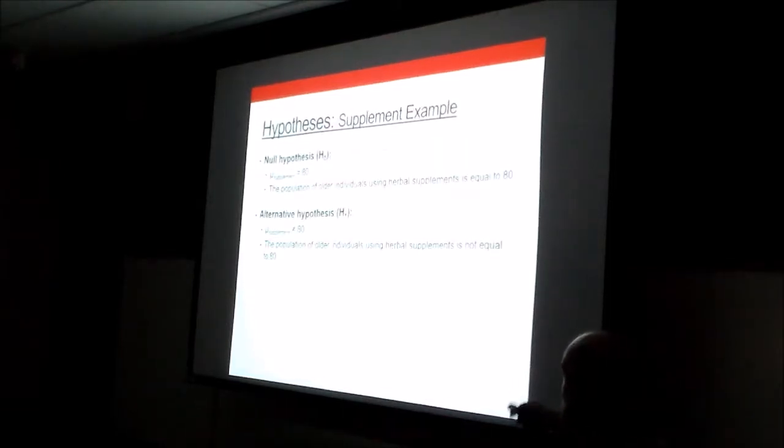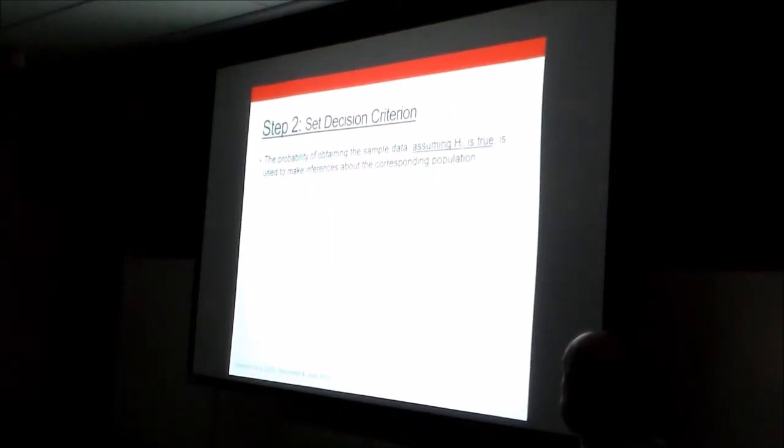Okay. So once we set up our hypotheses, we're going to set our decision criteria. Actually, you won't, because it's set for you based on the field that we work in. But from a theoretical, systematic standpoint, this is really up to you.